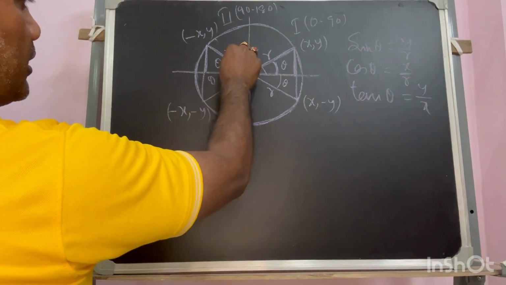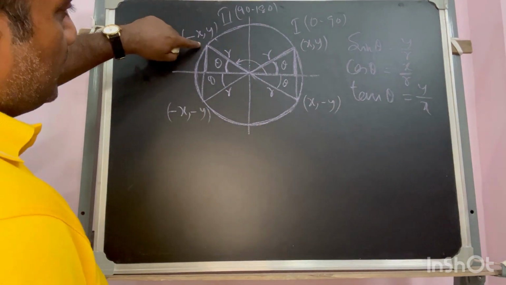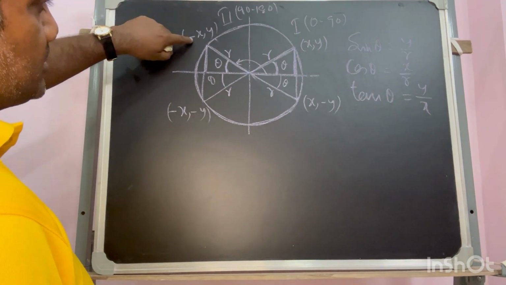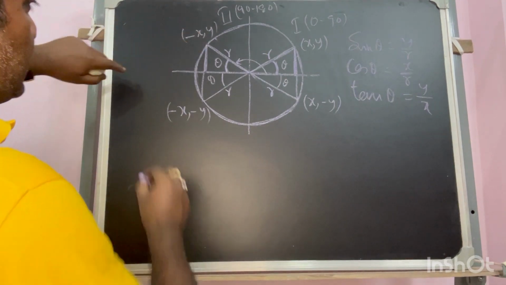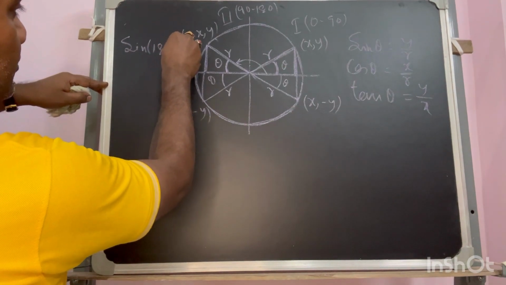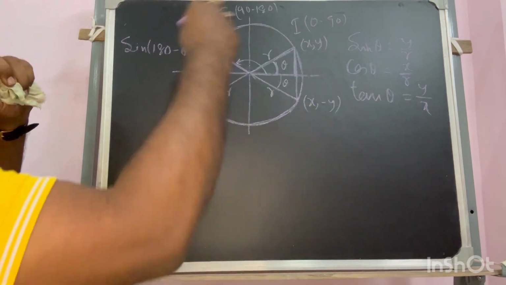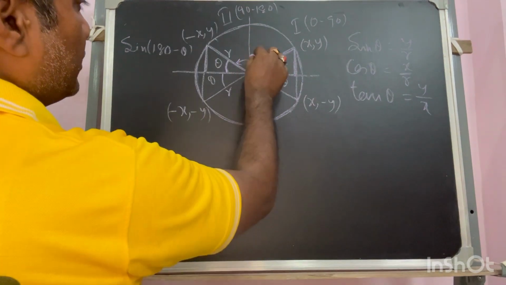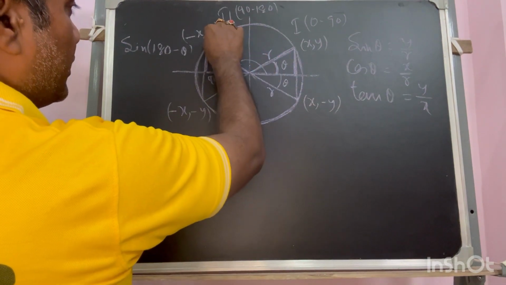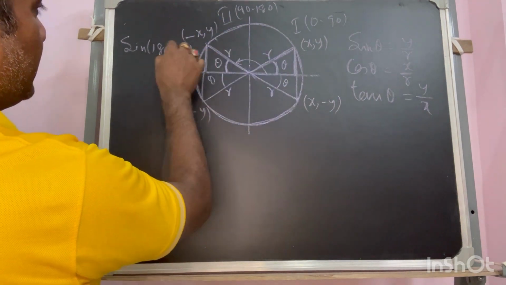But while we are taking the angle, any angle is measured from the positive x-axis in the anti-clockwise direction. So the exact angle of this arm, where it is positioned at minus x, y, has to be 180 degrees minus theta.